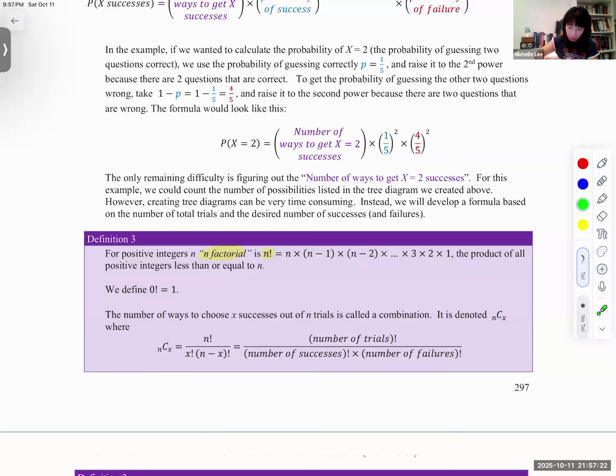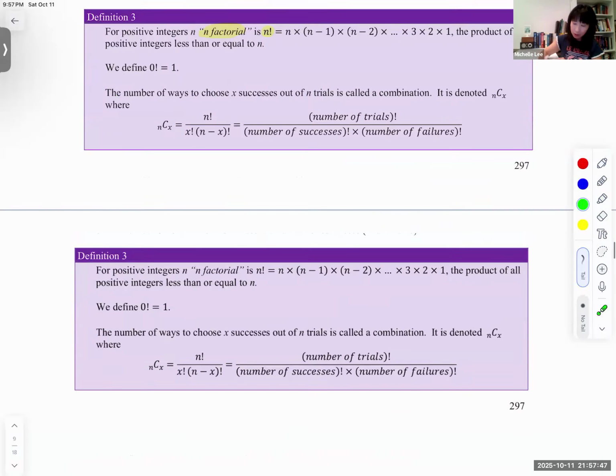All right. So m factorial means we start with n times and then reduce by 1 and then we multiply, right? And reduce by 1, we multiply until 1. So product of all positive integers less than or equal to n, right? Okay, so let's understand that.